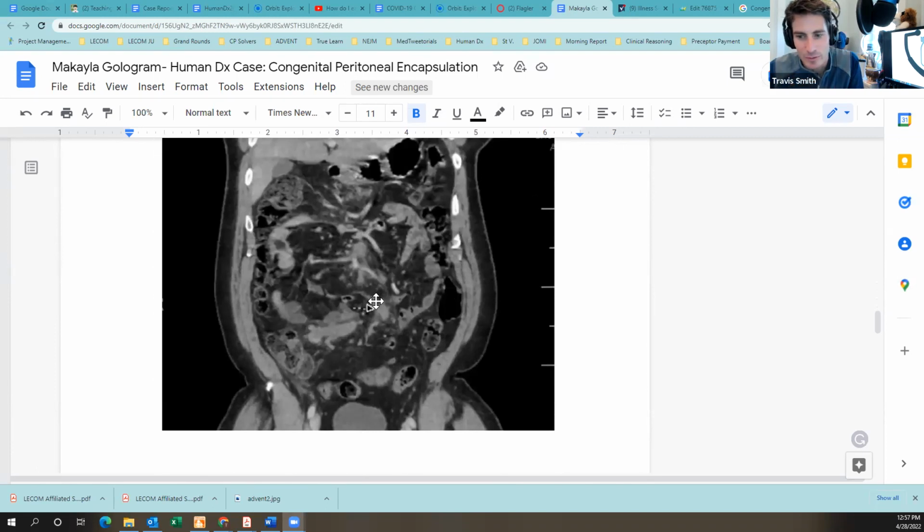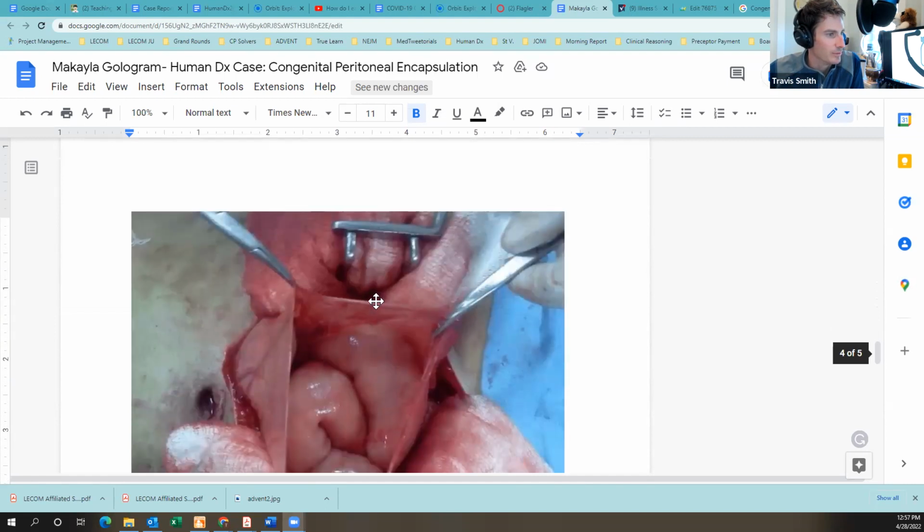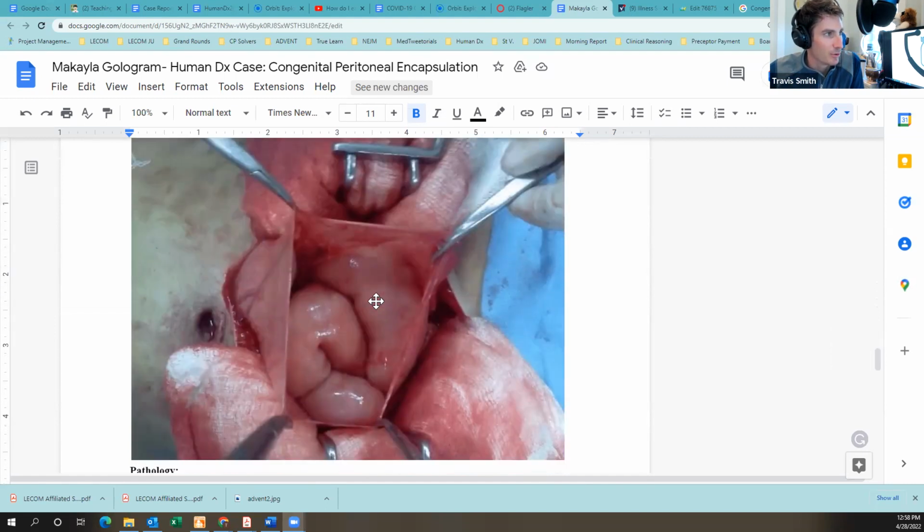I also did a quick Google image search on what a congenital peritoneal encapsulation can look like, and sometimes bowel can be seen in there. So that was the diagnosis, and now a little bit about the etiology and case resolution.